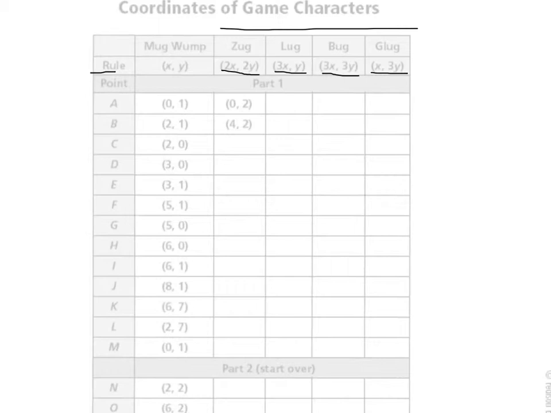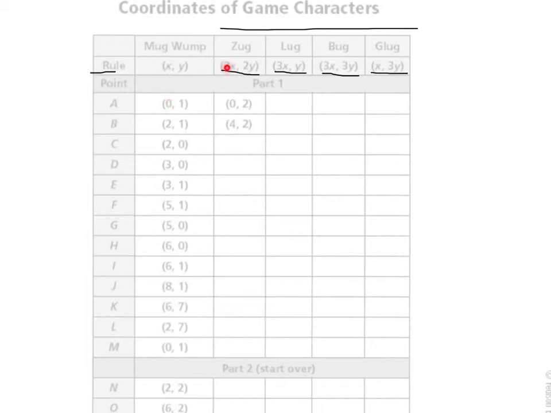So for parts 1 through 3 of the figure, for the given rule, we're going to find the coordinates of the points. For example, Zug's rule, like I said, is 2x, 2y. So for point A, for Zug, what we're going to do is multiply 2, because that's what's in front of the x, 2 times this 0.